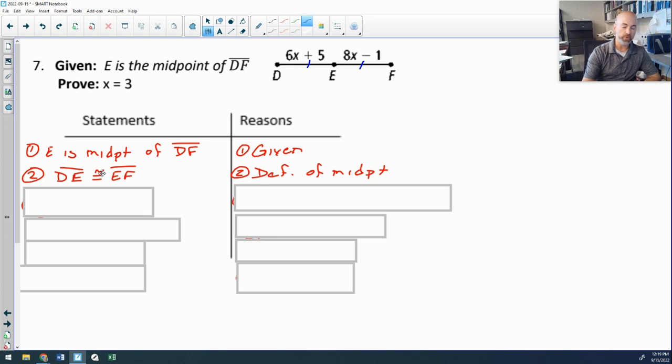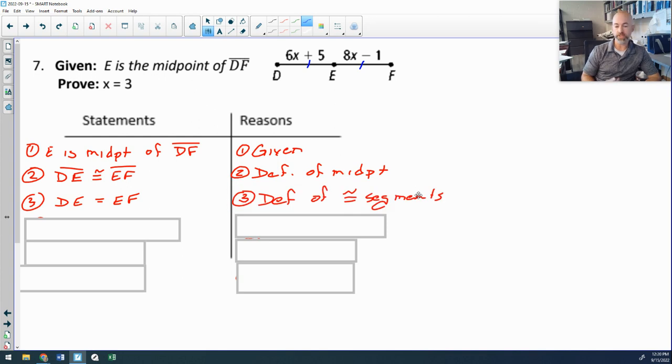Now, the next step is going to look weird to you because it's just going to seem obvious, but I'm going to make the statement that if DE is congruent to EF, then DE is equal to EF. And I'll explain why I do that in a second. That is your definition of congruence, in the context of segments. So if the segments are congruent, then they are equal.